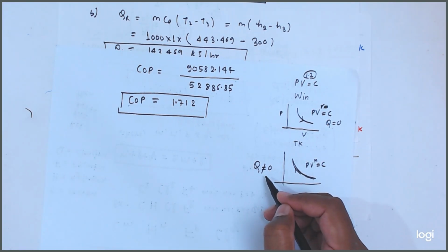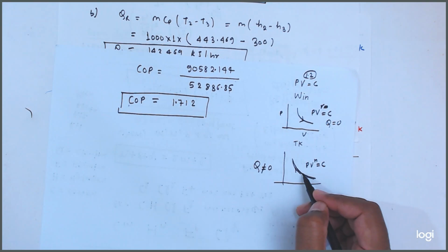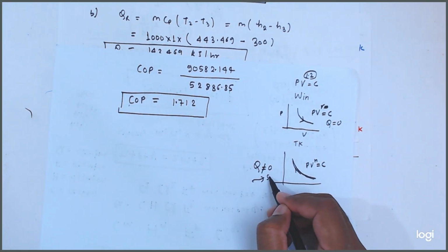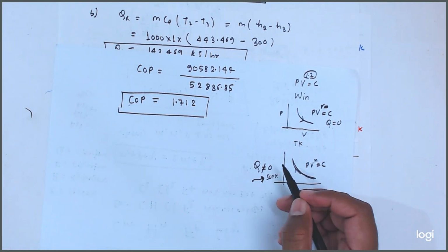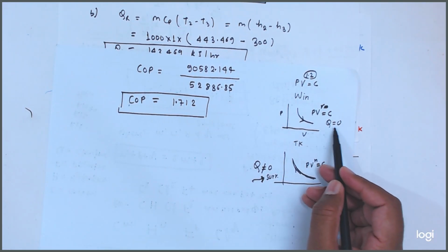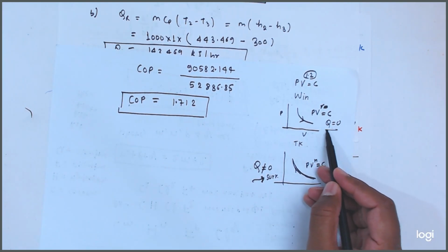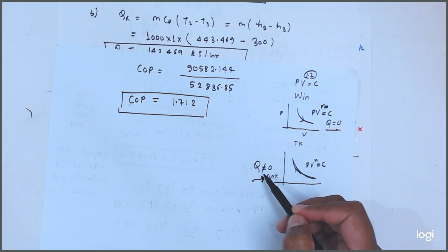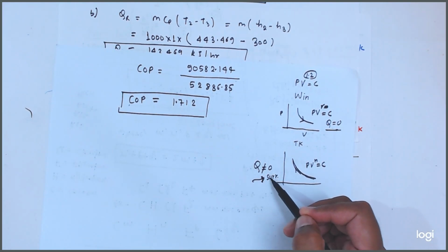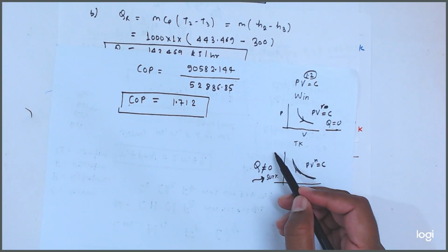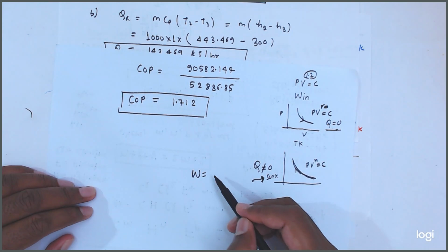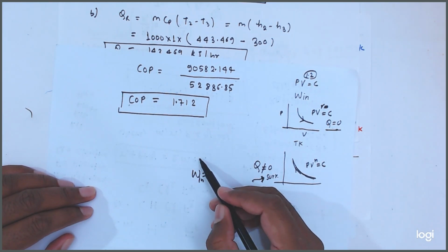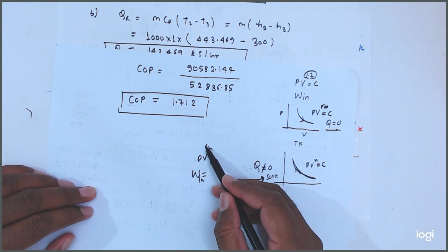It means some heat transfer is there to the surrounding. But in an isentropic process heat transfer is 0 to the surrounding or from surrounding to the system. But in a polytropic process heat transfer is not equal to 0, means some heat transfer will be there. So in this case we have to find work input based on the given index.